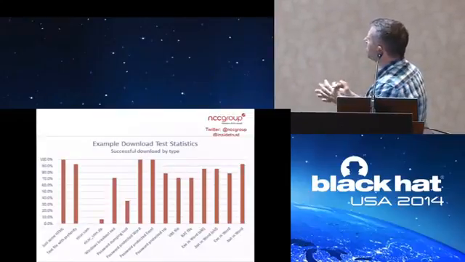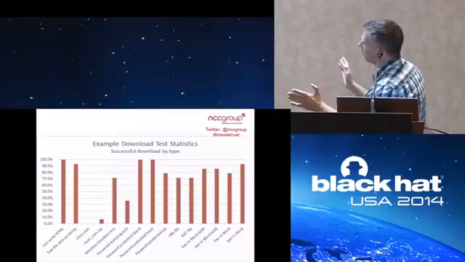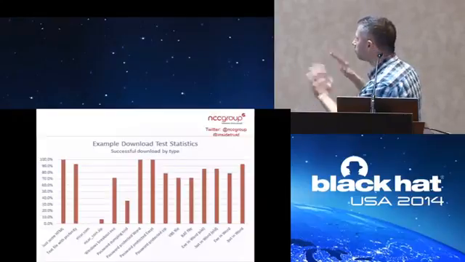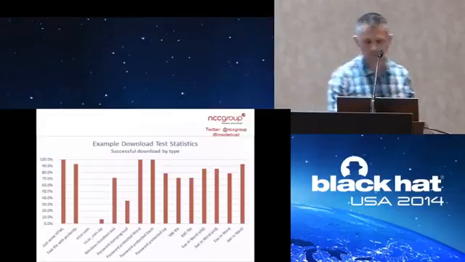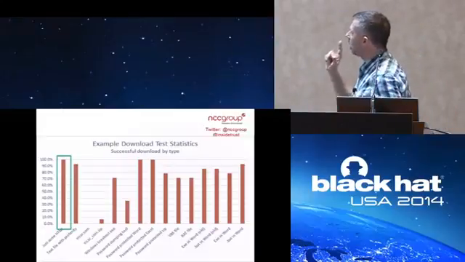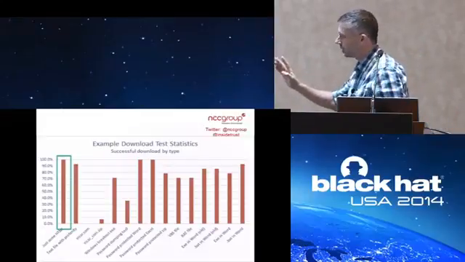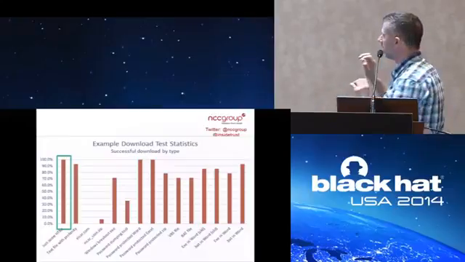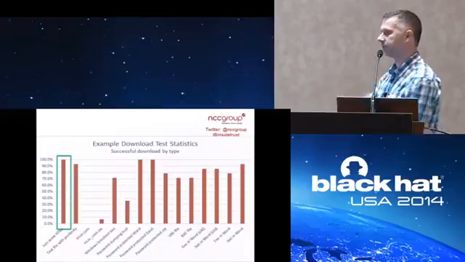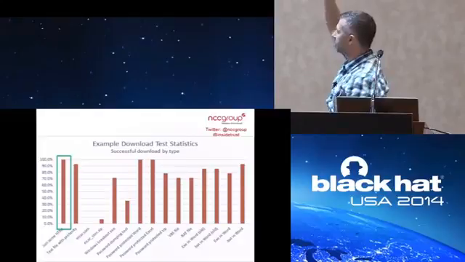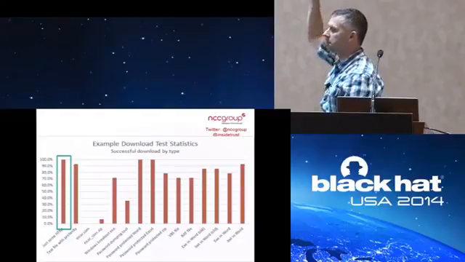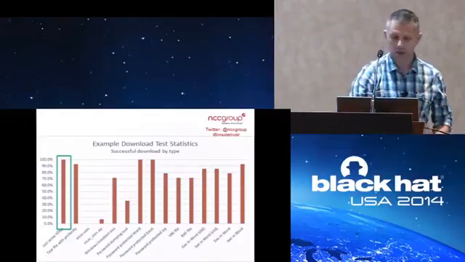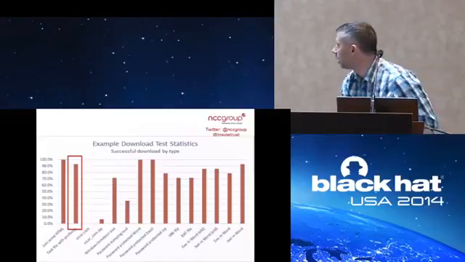So this is from 14 organizations, and it's 15 different file download types. So first, a file which is no threat, which is just a piece of HTML, is downloaded 100% of the time. So the higher the bar is, the more times it's been downloaded. Here we can see profanity, blocked once.